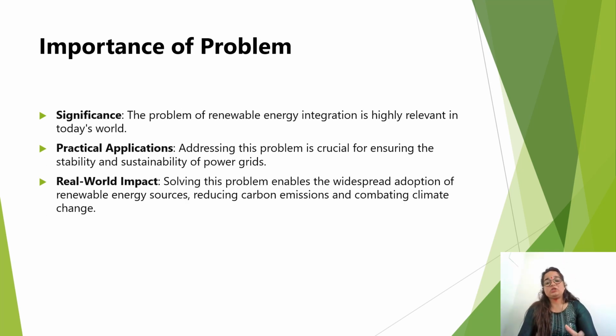What's the importance of this problem? Why did the author take this problem and do research on it? Why did he put his efforts into this type of problem? First is significance. This problem is highly relevant in today's world of data.